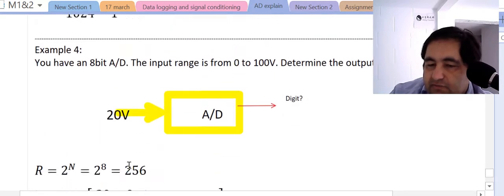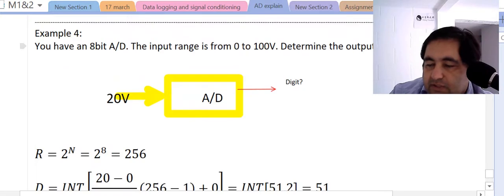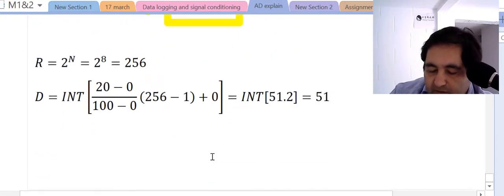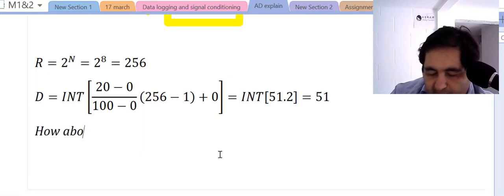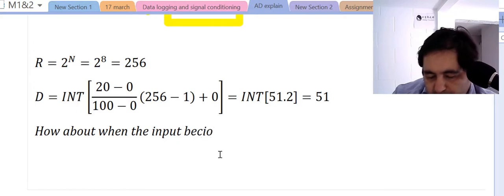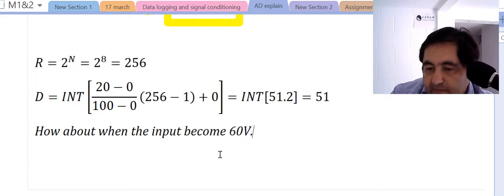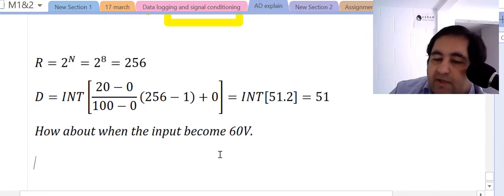Now another question. You said 20, how about when the input becomes, for example, 60 volts?